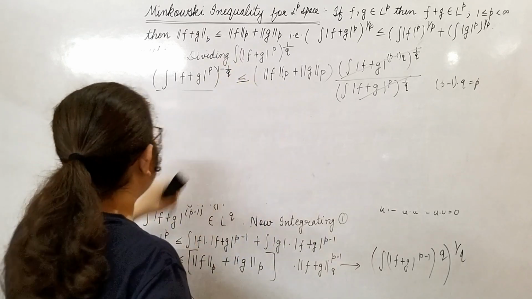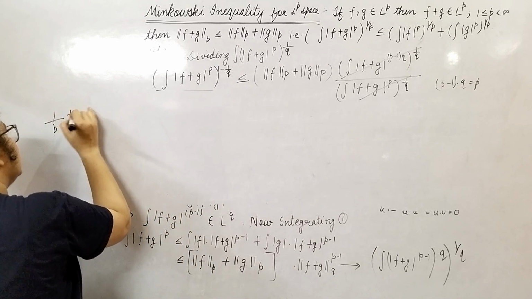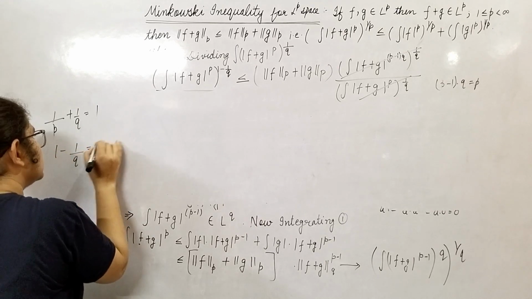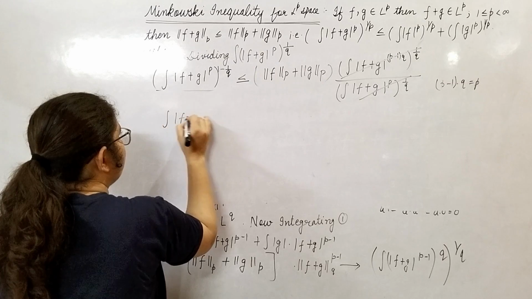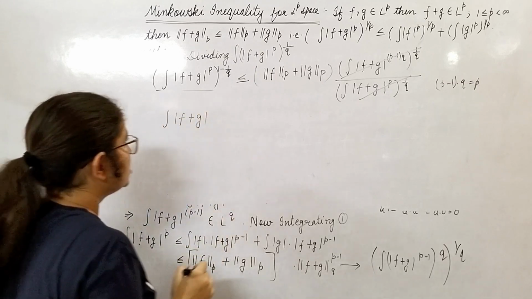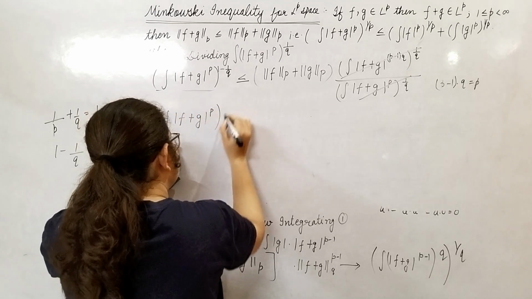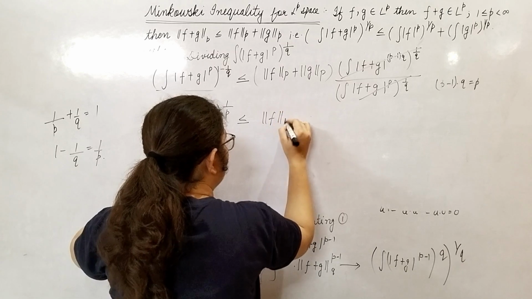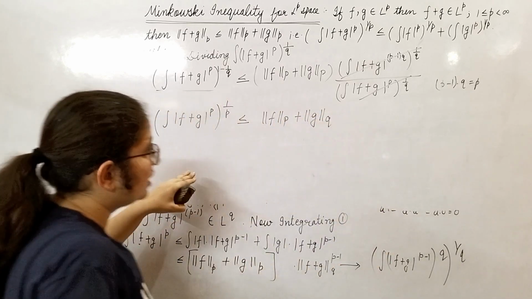Okay. Now, what do we get? You also know the relation between p and q is this, so 1 minus 1 by q equals 1 by p here. So I can write this as (f plus g) raised to the power p, whole power 1 by p, is less than or equal to the norm of f over p plus the norm of g over p.